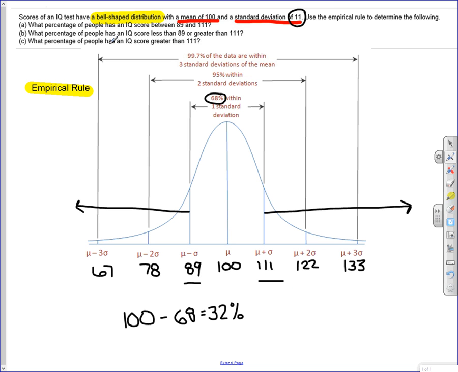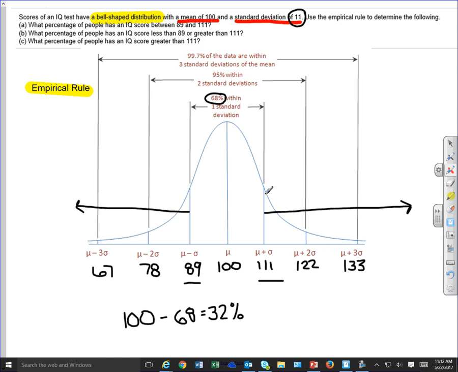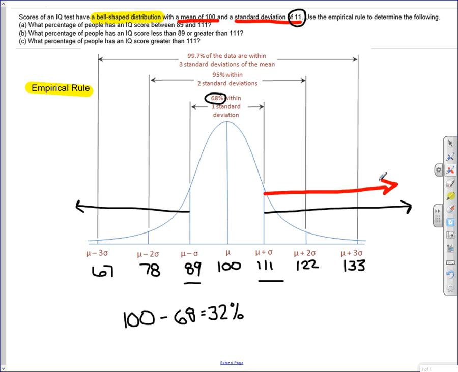What percentage of people have an IQ score greater than 111? For that, we're just looking at this side. How do we know just this side? We have to use the fact that this is a symmetric distribution. Bell-shaped distributions are symmetric, so what's on one side is also on the other. 50% is below the mean and 50% is above the mean.